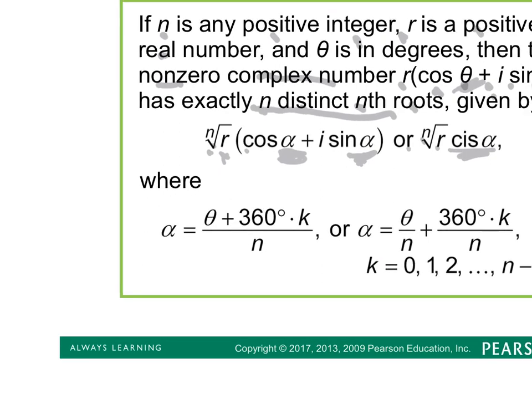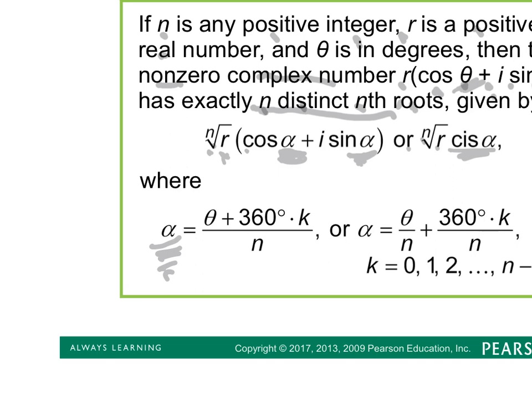Now this new angle is very confusing. Since you have n distinct roots, there is more than one answer. Square root has two roots, plus and minus. Cube root technically has three roots, but we only think of the real ones.